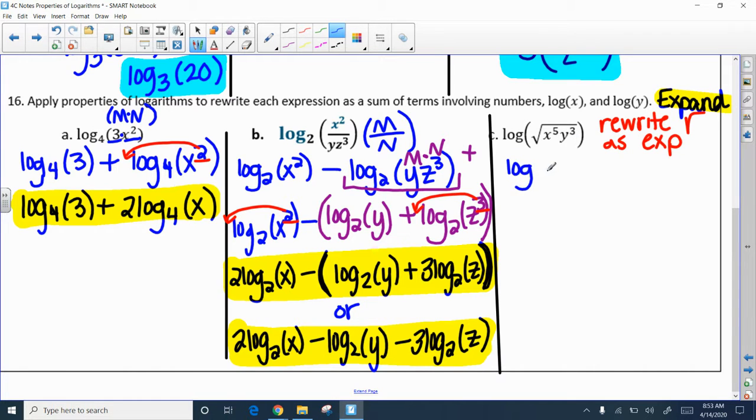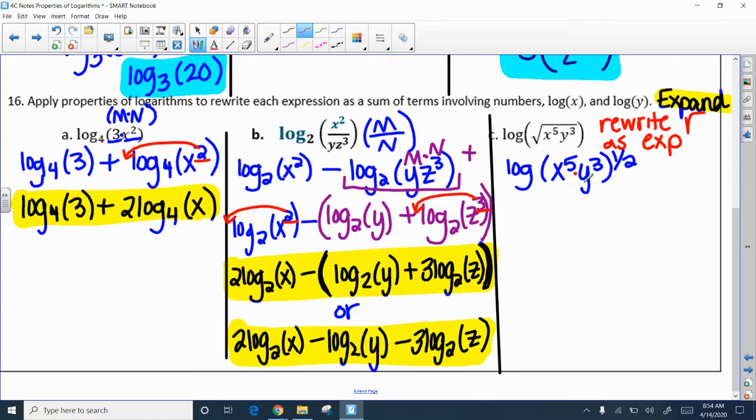So I'm going to rewrite this as log of x to the 5th y cubed. Rather than this being under a radical, I'm going to put it to the 1/2 power. The reason we want to write that with a power is because now, in order to separate these, notice it's in the form log base b. In this case, there's no base written, so it's a base of 10. This is in the form log base b of m times n.